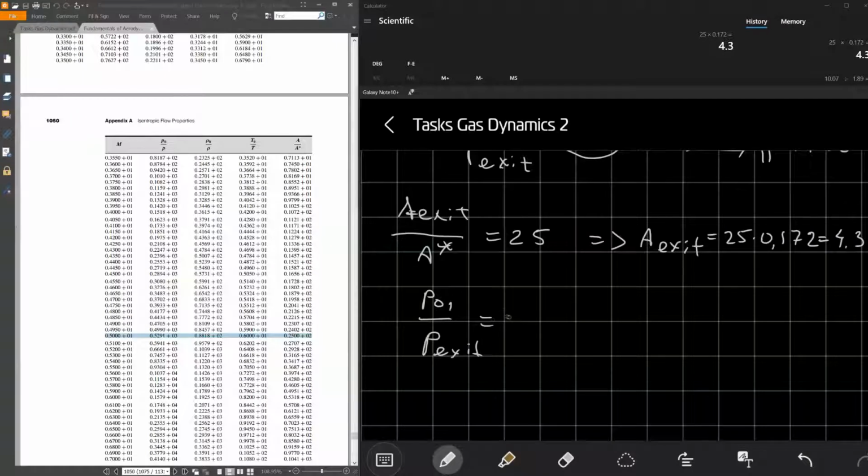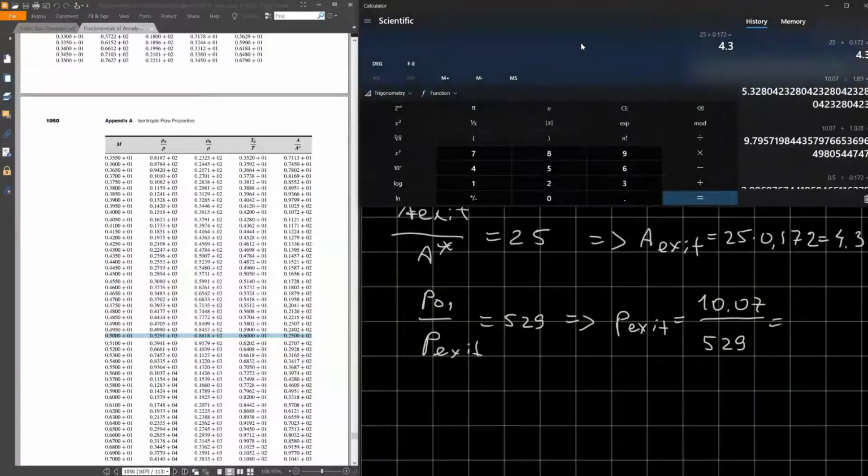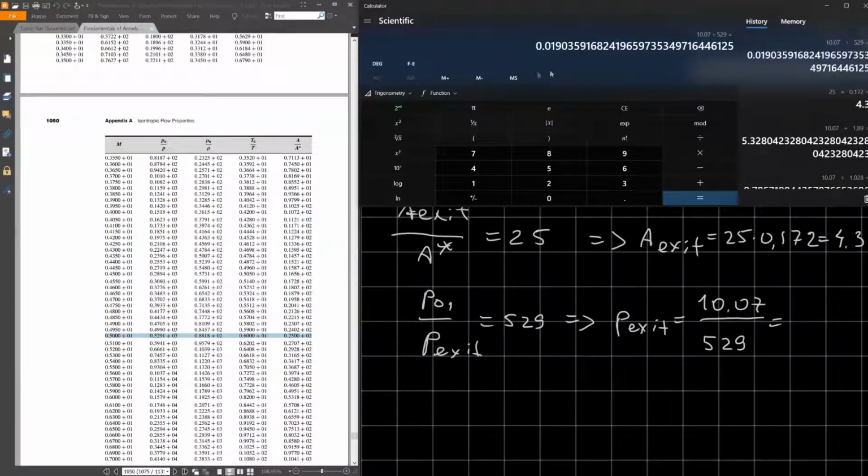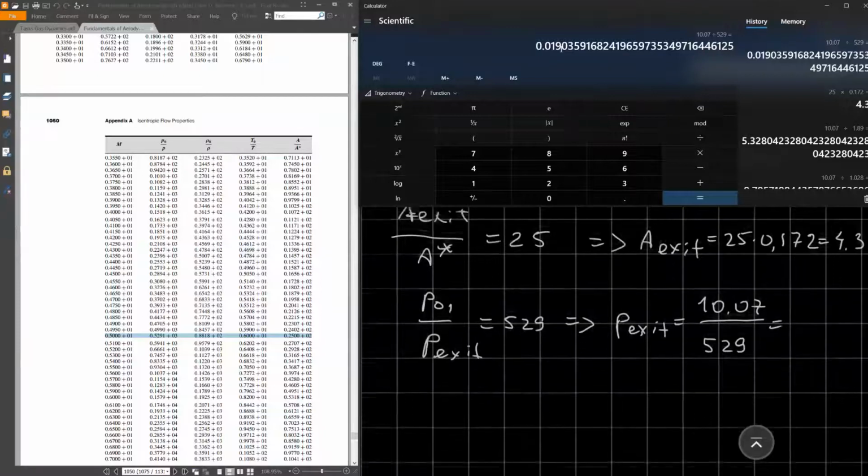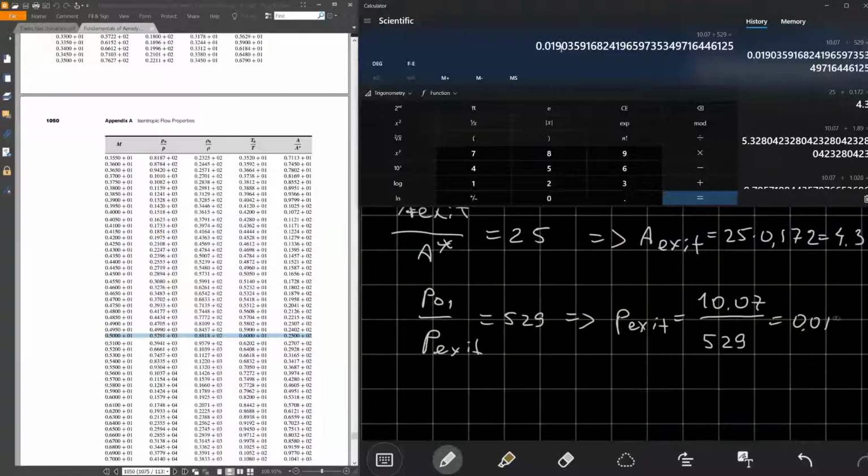Okay, let's take 529, and it means that my exit pressure is taken from the previous calculation, the stagnation value, 1007 divided by 529. It will be a very, very small value. Basically this, 19 thousandths, 0.0019 atm. Very small, right?